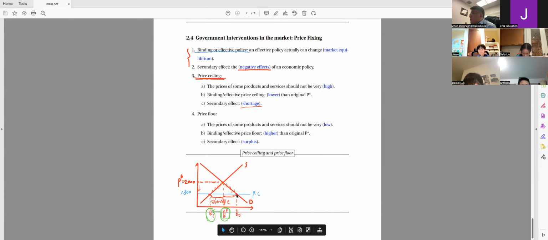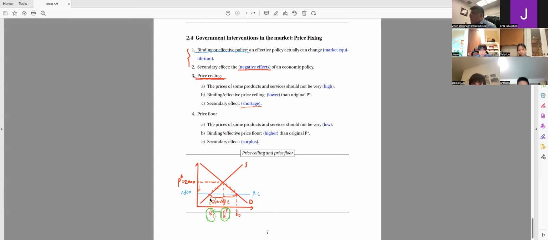Some of you may think the quantity traded in the market will increase, because more renters want to rent apartments. But that's wrong. Don't forget some landlords will withdraw from the market, so quantity supplied will decrease.